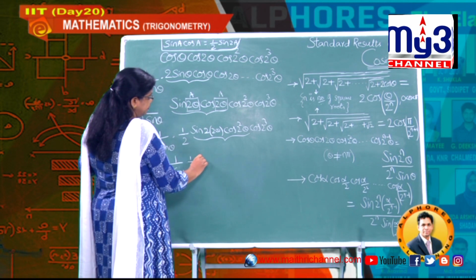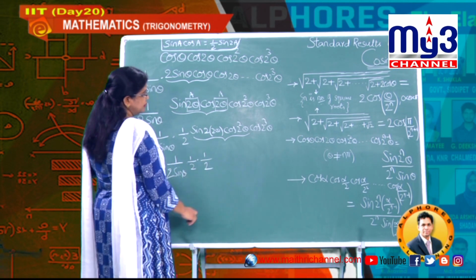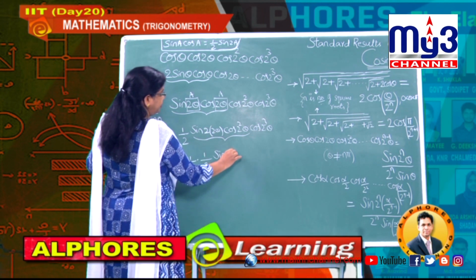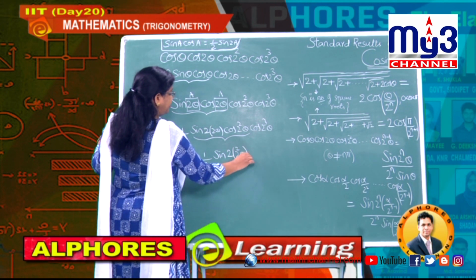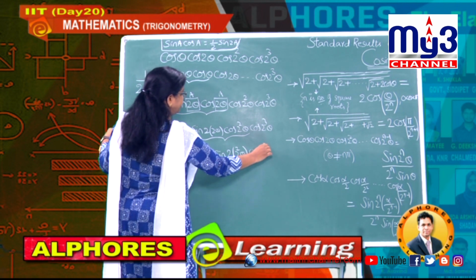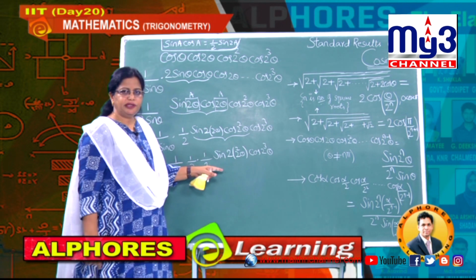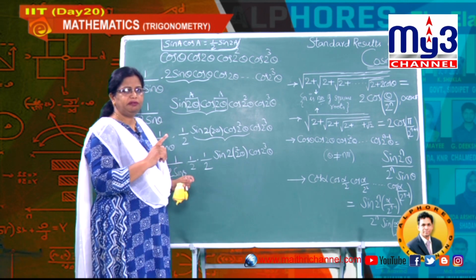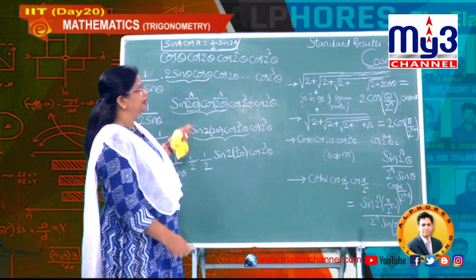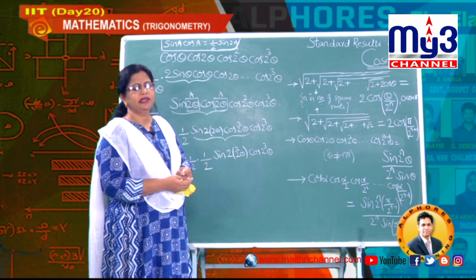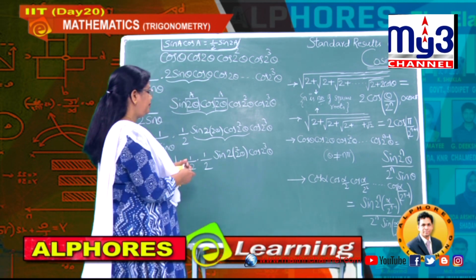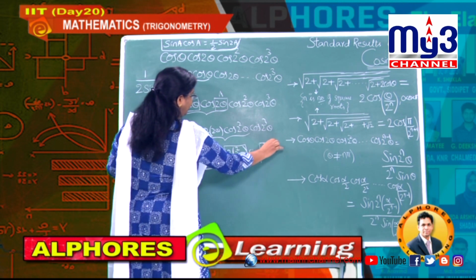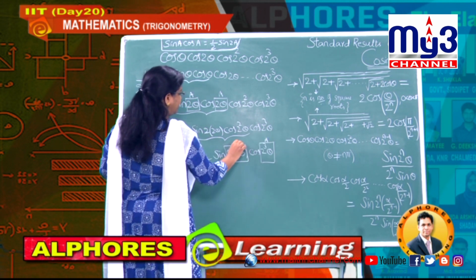Now from this I am writing 1 by 2 times sin of 2 into 2 square theta, and this one is cos 2 cube theta. So in this way you are proceeding with one and only one formula, and that is nothing but sin A cos A is half sin 2A. And now again you are making use of the same formula. This is the angle A here, right, and this is the angle A here.